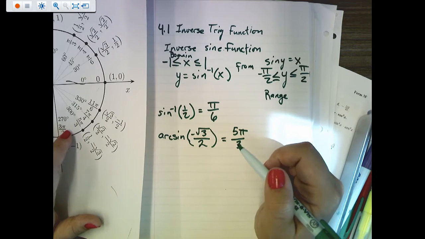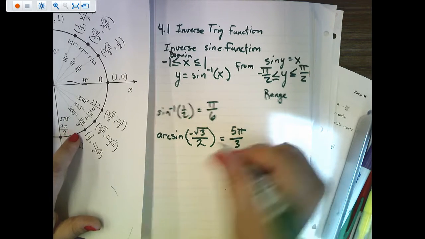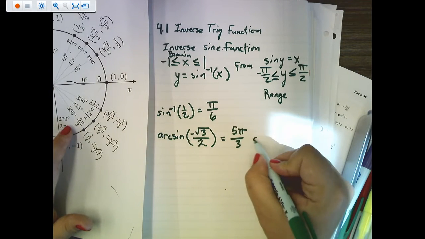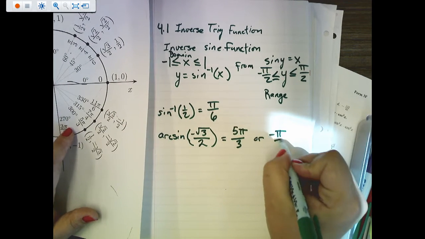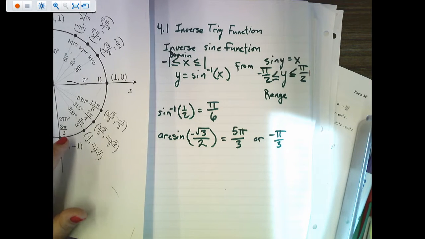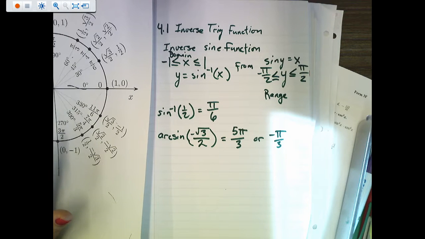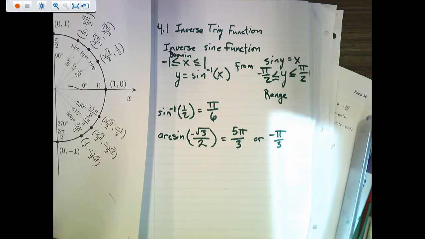But 5 pi/3 is also the same as -pi/3. Sometimes they use those coterminal angles, so just get used to looking at those in the answers. It'd be okay for either one of those answers.